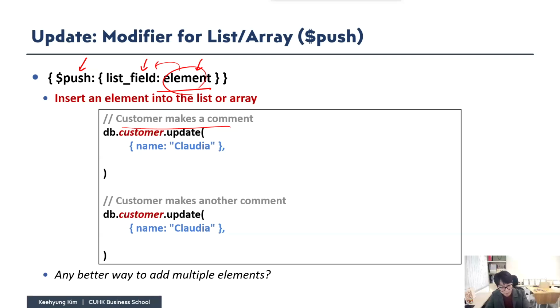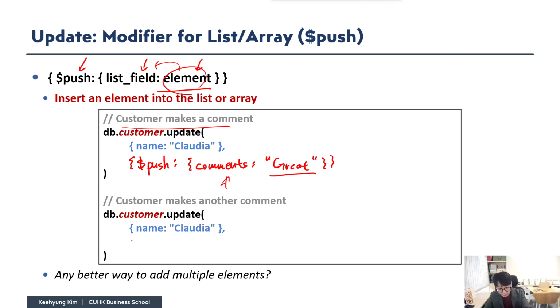So basically we can do something like this. We can have the push operator and comments, "great". Then this string element "great" will be added into comments as an element in the list.